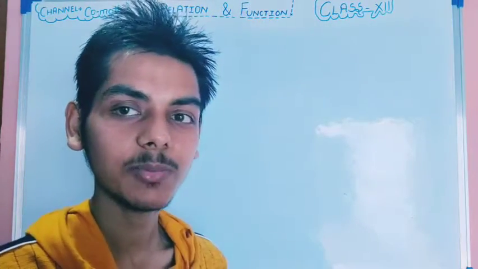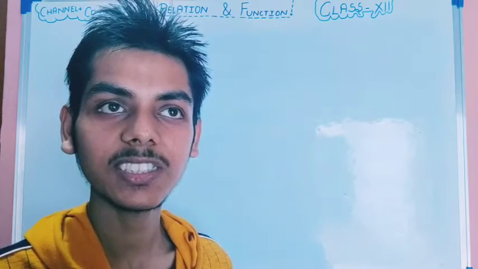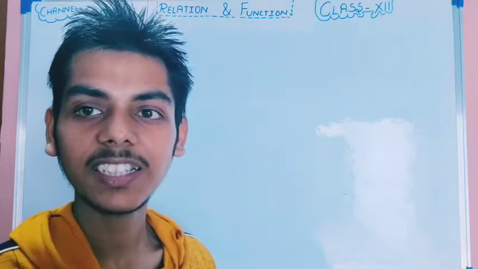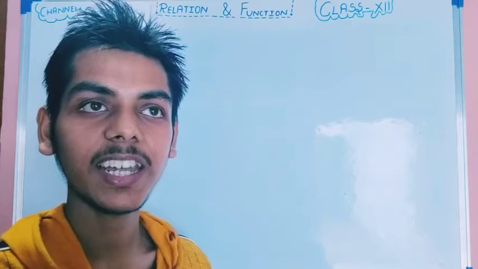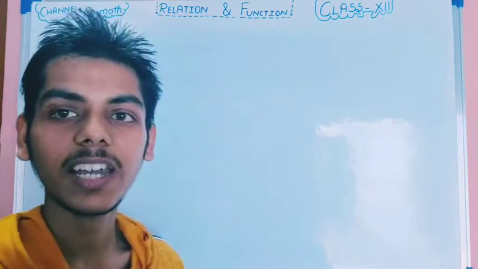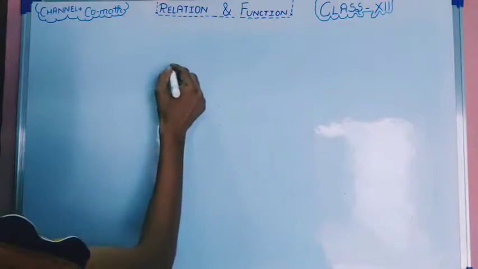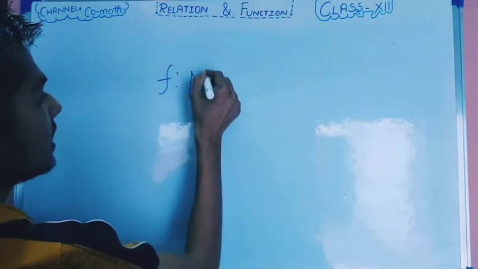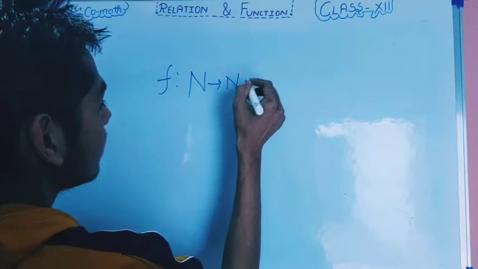I will give you two questions for checking their surjectivity and injectivity. It means check whether they are one-one and onto or not, and please comment in the comment box whether they are one-one or not.